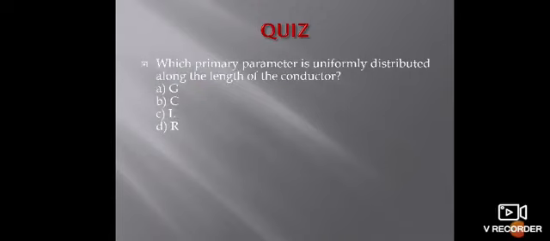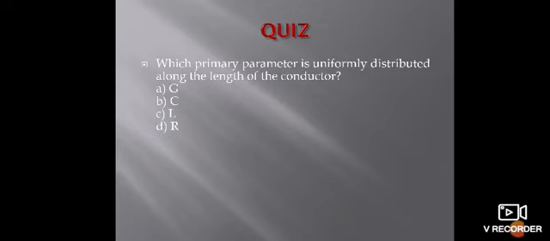Which primary parameter is uniformly distributed along the length of the conductor? The first option is G, the second option is C, the third option is L, and the last option is R. You can have an abbreviation of this also.